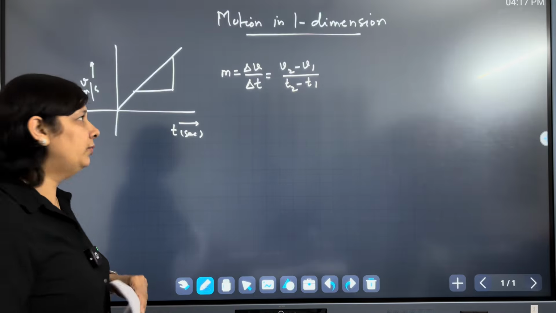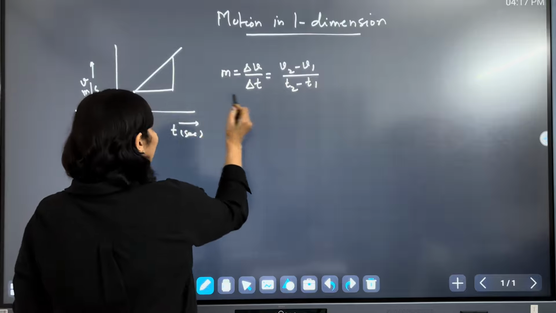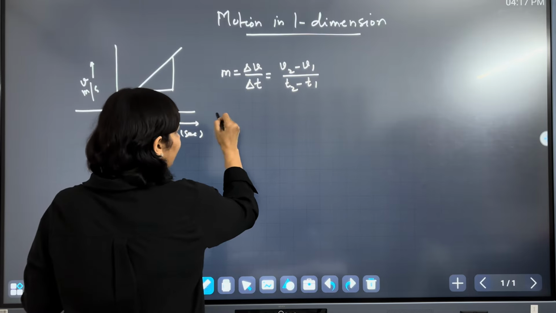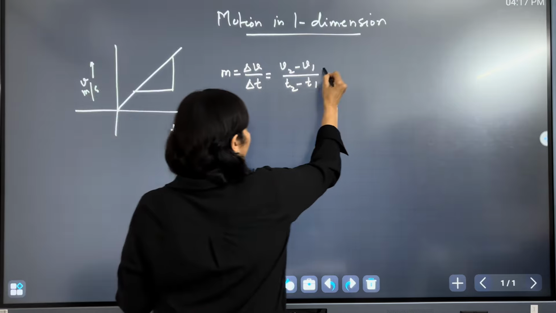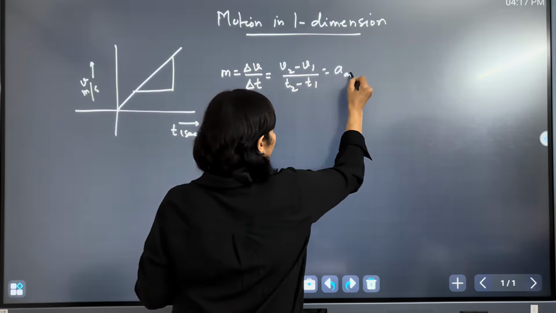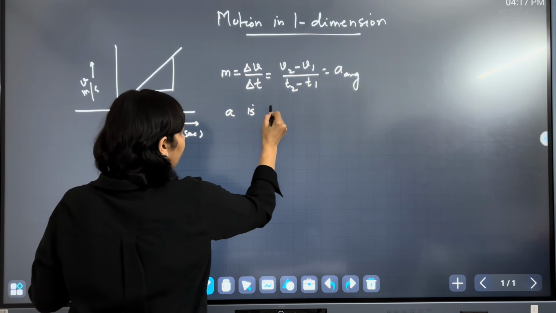Now, so it is a constant quantity. So it means that this object is moving with constant acceleration. And this is acceleration, okay? Take average acceleration. A is constant.